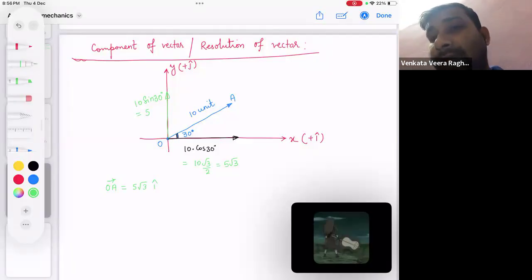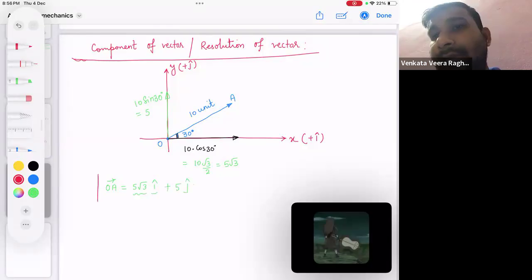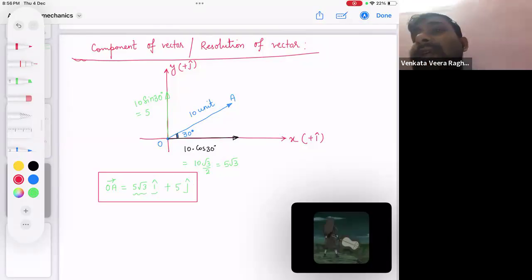So that's why magnitude times the unit vector i cap, plus along the y-axis, the magnitude that came is 5 units. So what is the unit vector along the y-axis? j cap. So now what we have done is found the component of a vector and also how to write a vector from the given situation into i cap, j cap form. Is that clear?